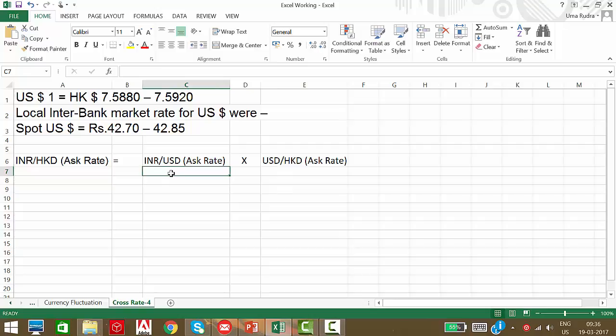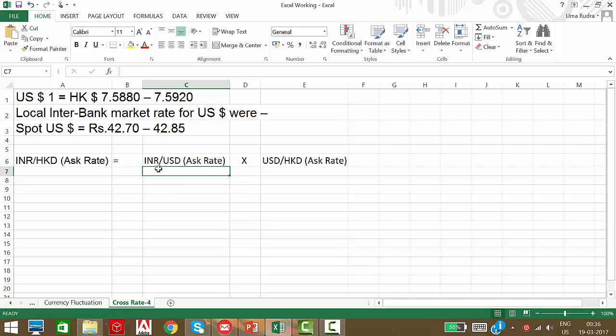Now, INR per USD ask rate. Is that given? Here, 1 US dollar equals 42.70 and 42.85 per dollar.